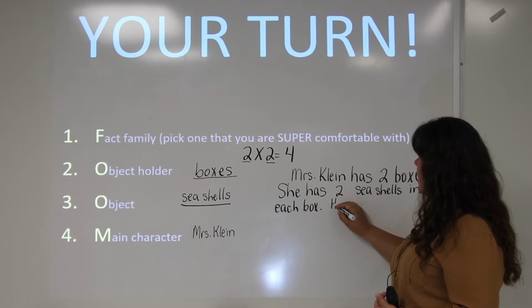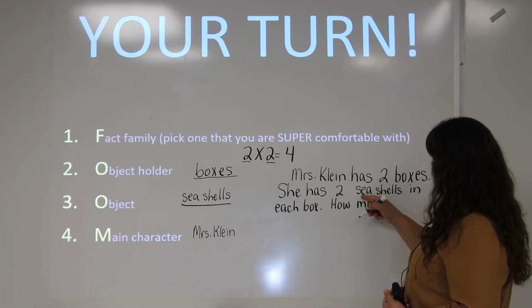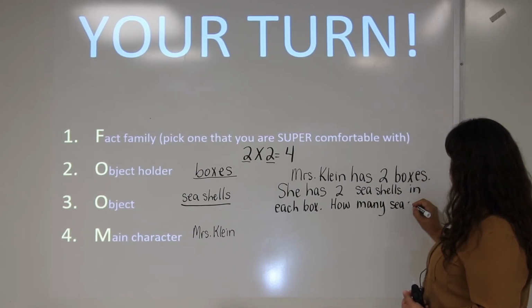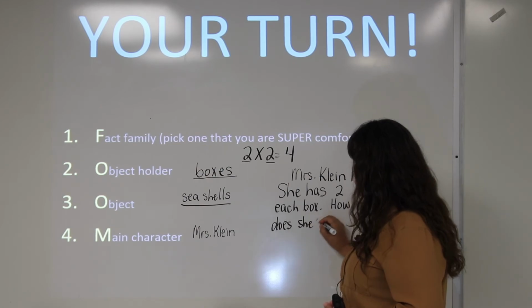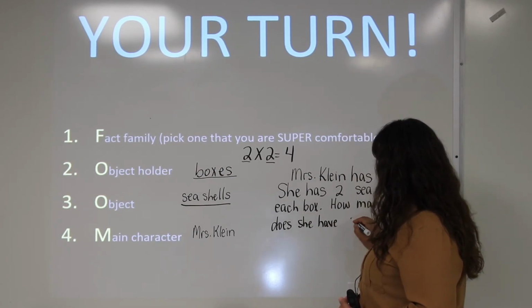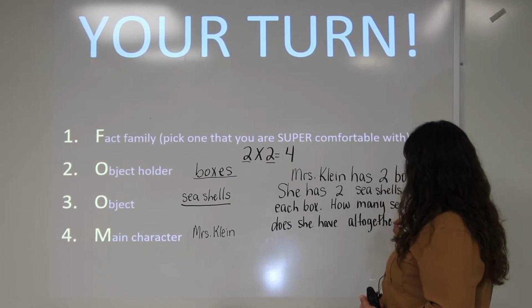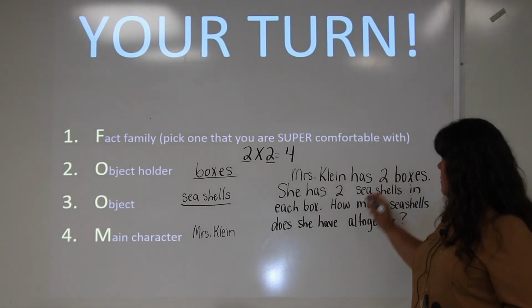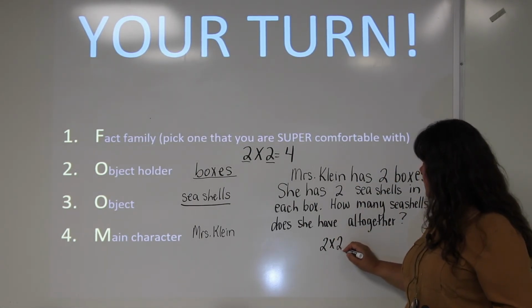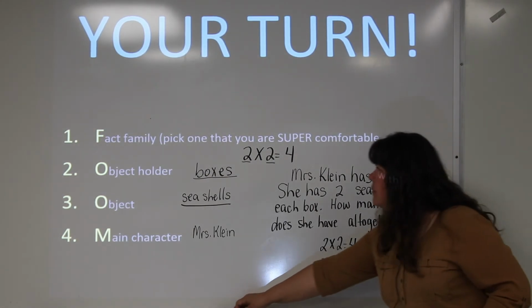Now I go with my question. How many seashells does she have all together? And that makes my multiplication problem. So I have 2 times 2 equals 4, and there's 4 seashells all together. Okay?